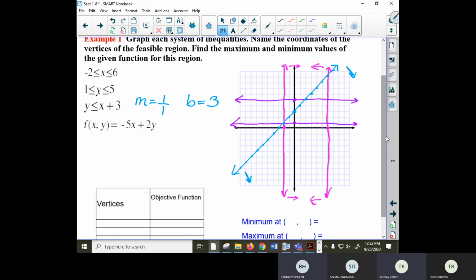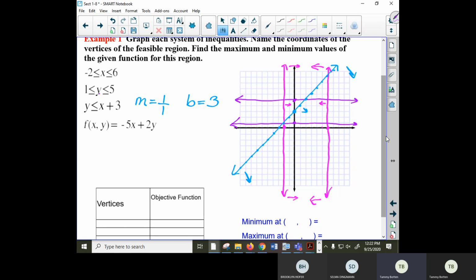And now we're to the point where we can look at where this all overlaps, okay? We want our shading to be under the blue line, like under here. We want our shading to be to the right of this vertical line and to the left of that one.